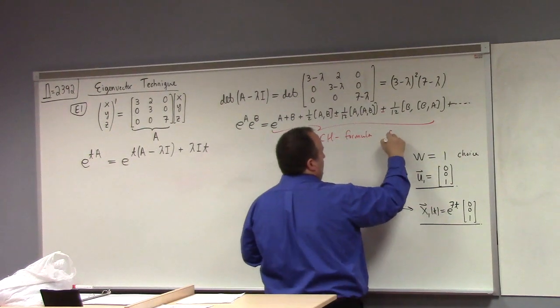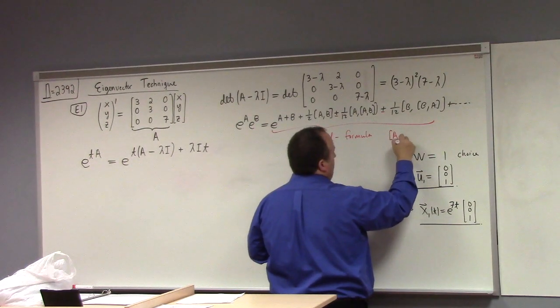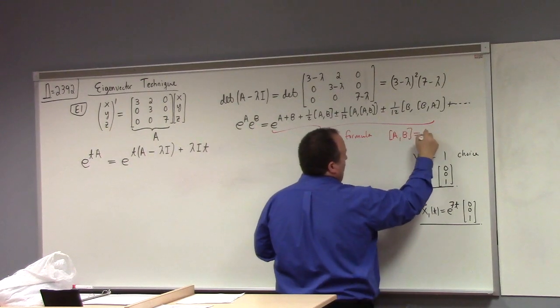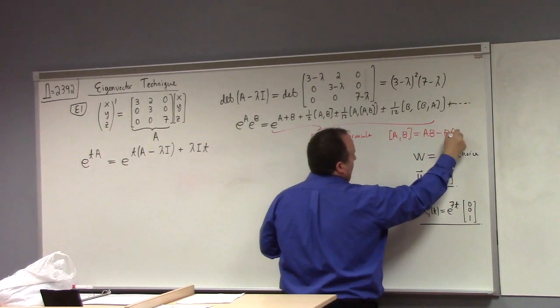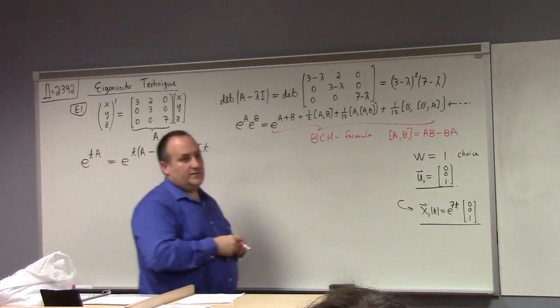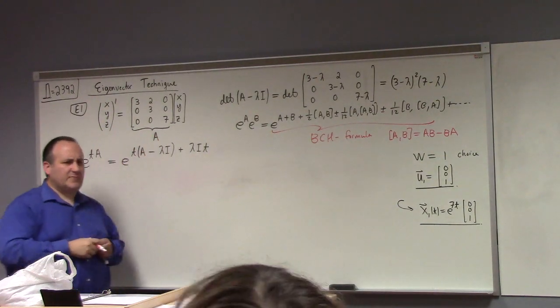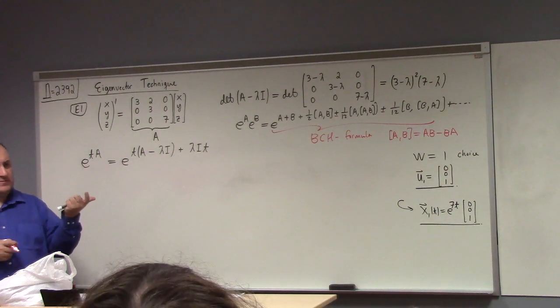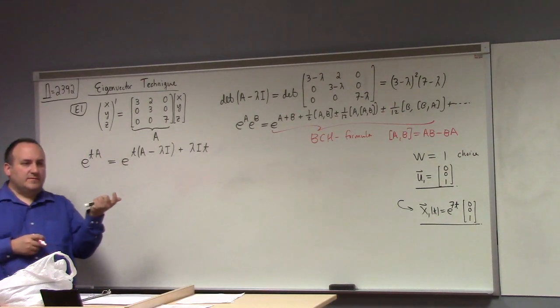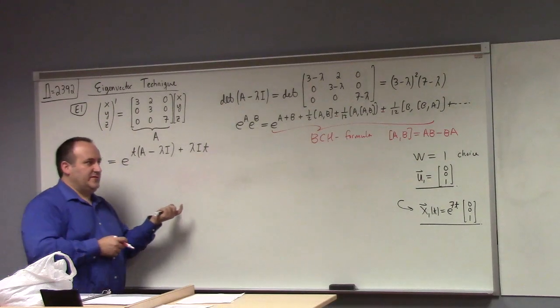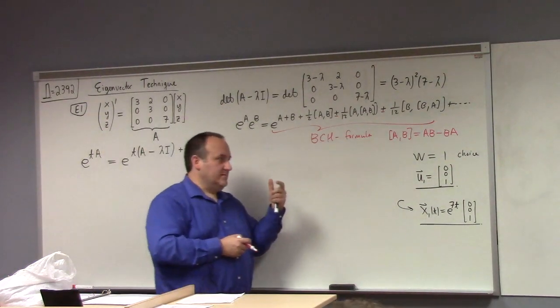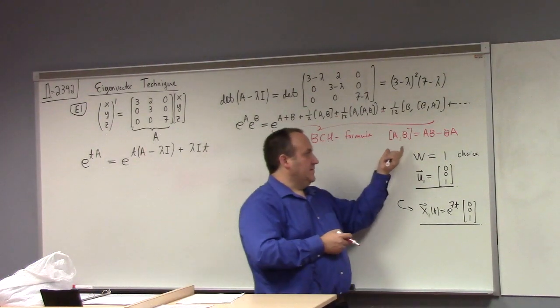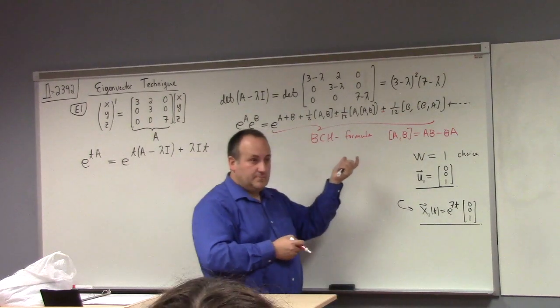If you're wondering, this is the commutator of A and B. By definition it is AB minus BA. Basically, if two matrices, when you multiply them, don't care about the order you multiply them in, they're said to commute. So the commutator of two matrices is 0 if and only if they are commuting matrices.